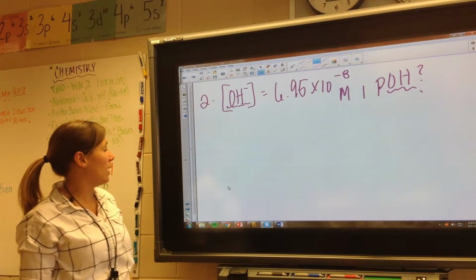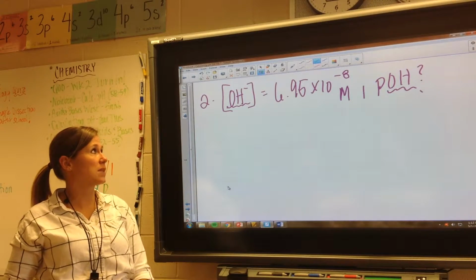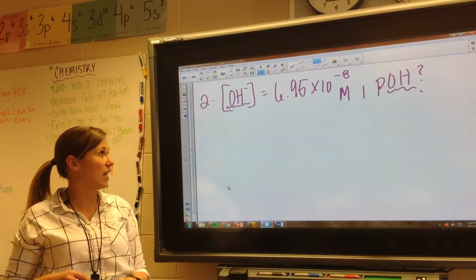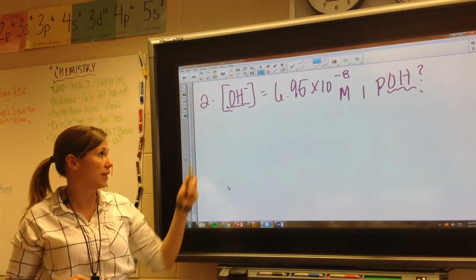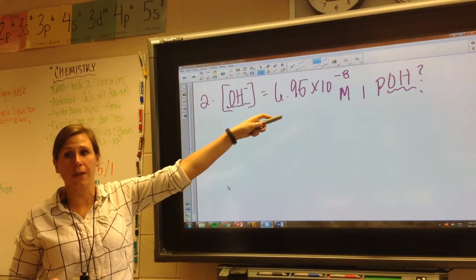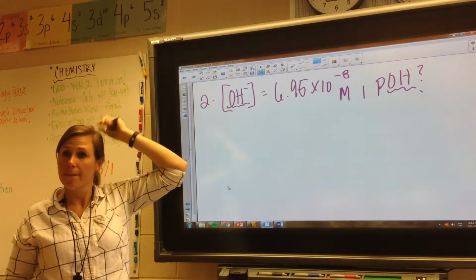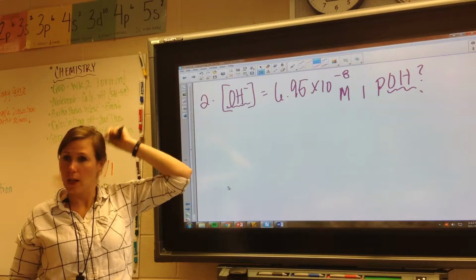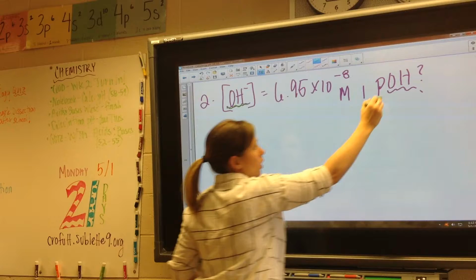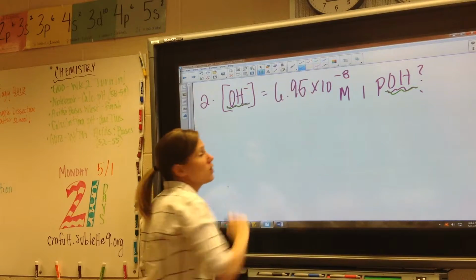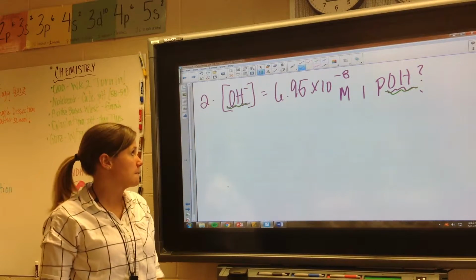Okay, next question. We have a hydroxide ion concentration of 6.95 times 10 to the negative 8th. What is our pOH? So, Ivan, can we solve directly from OH to pOH? Does this question line up? Yes, right? Because we've got OH here, and it's asking for pOH. Okay? So what formula are we going to use, Vicente?